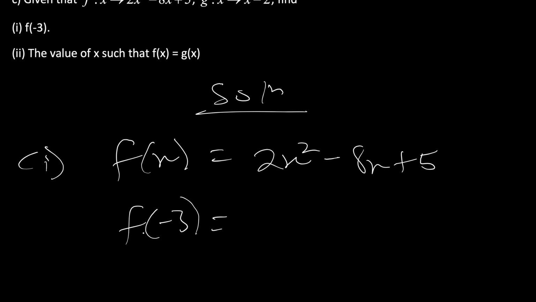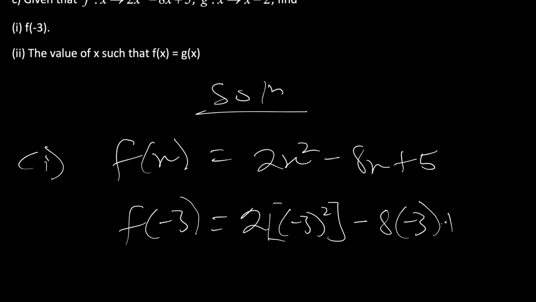What this means is that anywhere we see x in f(x), we put negative 3. So this will be 2 times negative 3 squared minus 8 times negative 3 plus 5.